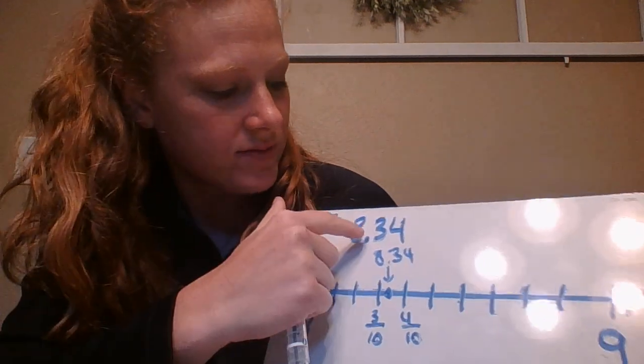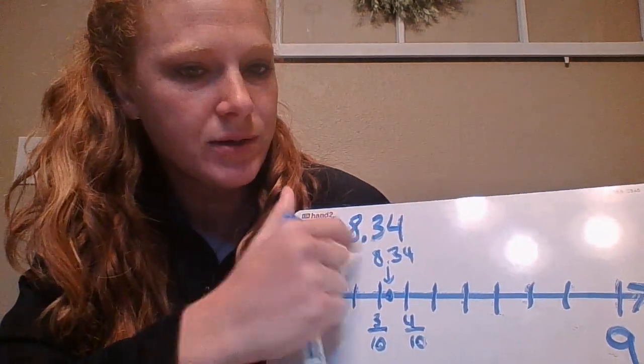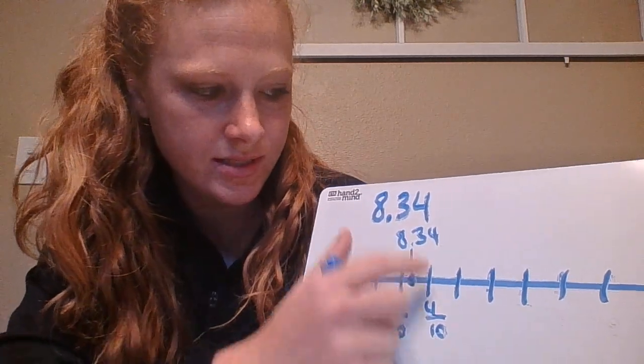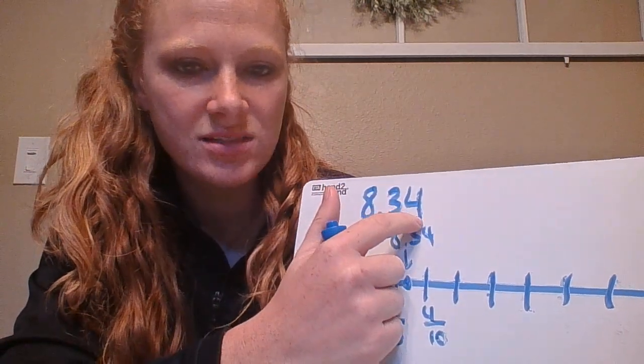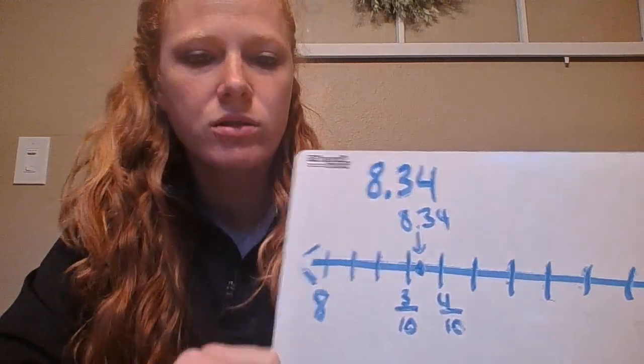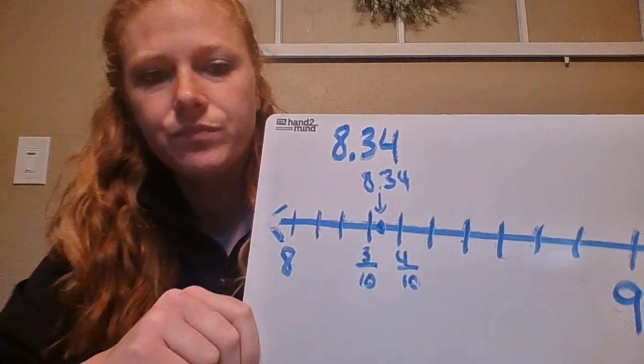Next, you could have seen that in the tenths place was the 3, so you label 3 tenths, and next would be 4 tenths, and you see that the next digit is 4, so it's not exactly in the middle, it's a little bit closer to the 3 tenths, but that is where you should have put 8 and 34 hundredths.